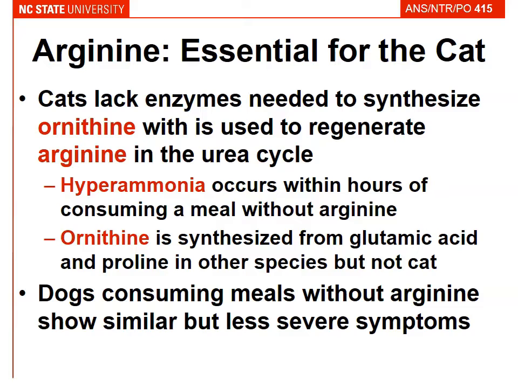In addition, since cats have a higher arginine requirement, this is another reason why you should not feed cats dog food, because it's not meeting the requirements for the cat. Since the cat is an obligate carnivore, it cannot synthesize arginine. You need to make sure that cats are not eating dog food. Now, dogs can eat cat food, that's fine, but not vice versa.